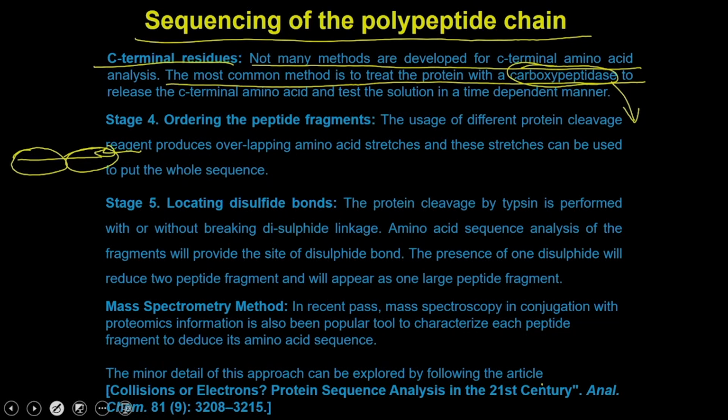So, if you treat the protein with carboxypeptidase, it is going to start chewing from the back side of the protein, which means it starts making the C terminal amino acid available. Then you can simply do Sanger's method or the Edman degradation method, and that is how it gives you the sequence of the C terminal fragment, and you can deduce the sequence from the C terminal residue as well.